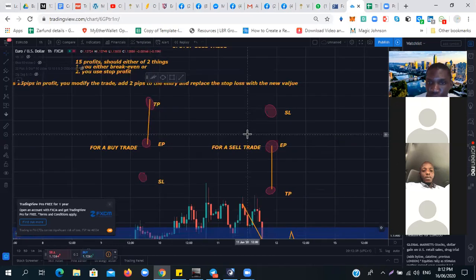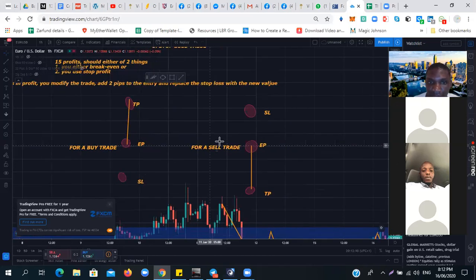Then for a sell trade, you take your entry price, you subtract 2 pips from it and replace your stop loss with that new number.